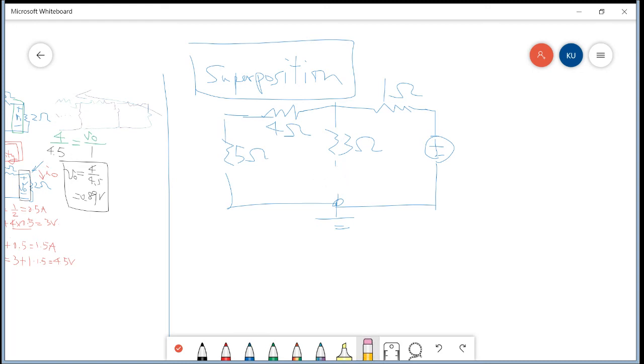You really need the superposition method to calculate the multi-frequency sinusoidal steady state for an RLC circuit.